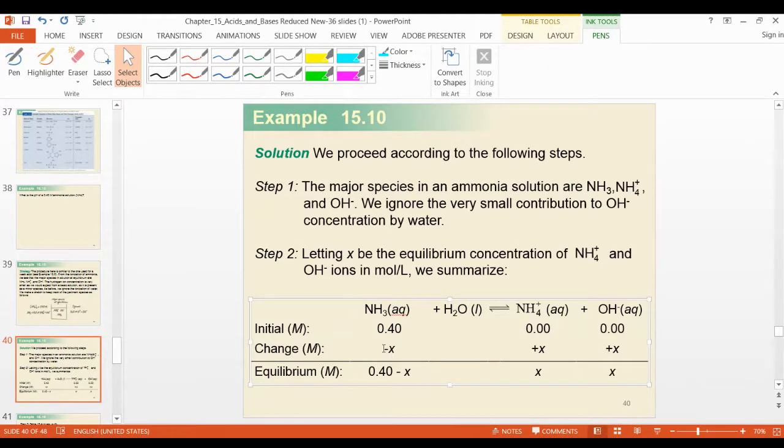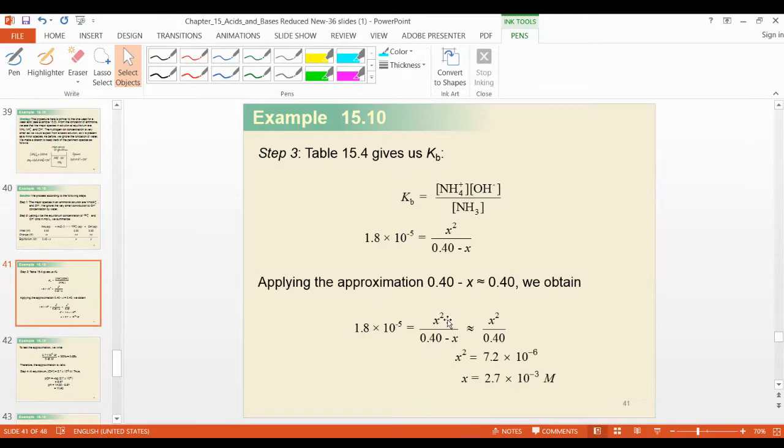The initial is 0.4, 0, 0. The change is minus X, because you have to determine pH, so we use minus X. This X is not given in the equation. So minus X, plus X, plus X, and then equilibrium. Then you put into the same formula, Kb equals the product of the ions divided by the reactant: X squared divided by 0.4 minus X. The Kb value is given here. Using the approximation, you remove the minus X, so 0.4, and calculate the X value.